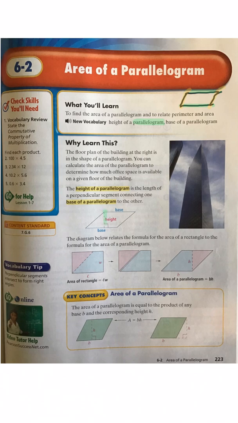So this is looking at the perpendicular segment, and here's the base, and it's connecting that base to this base. So the height of the parallelogram is going to be this one, height, and the base of the parallelogram we are looking at are going to be these green lines, base of the parallelogram.